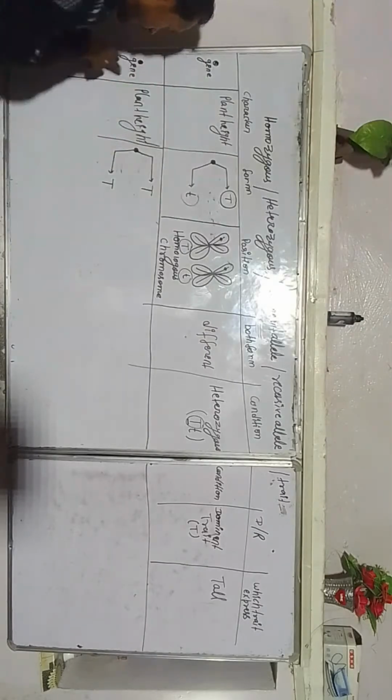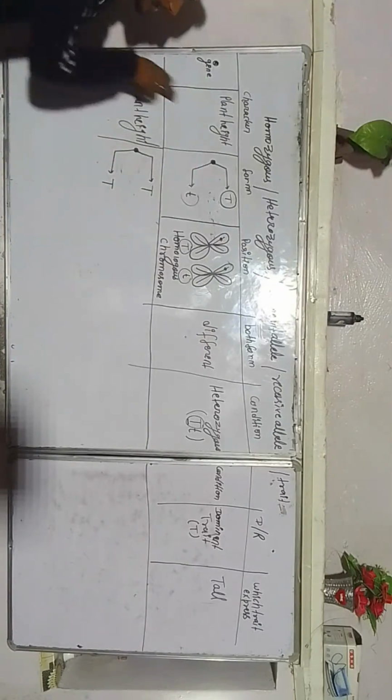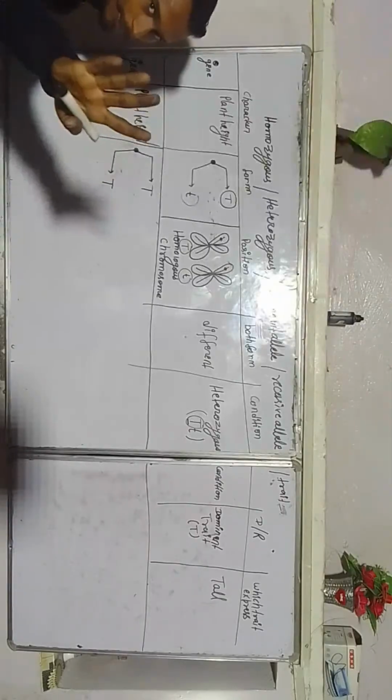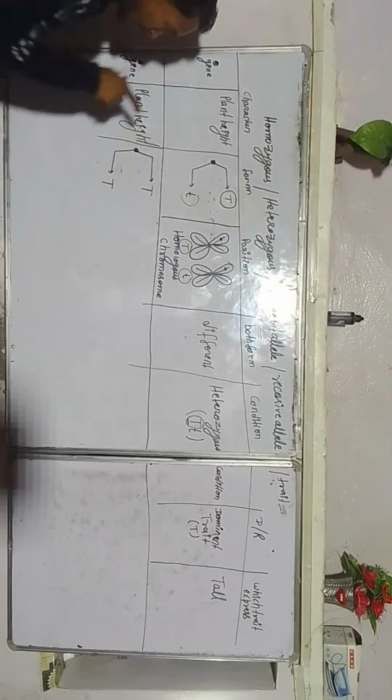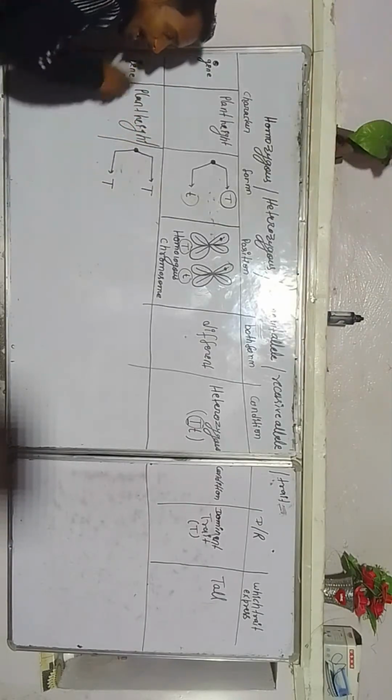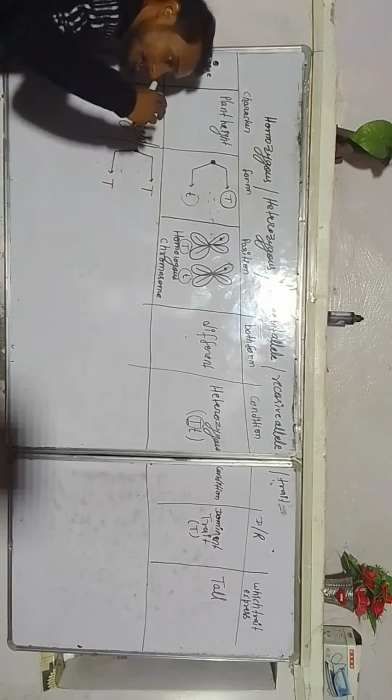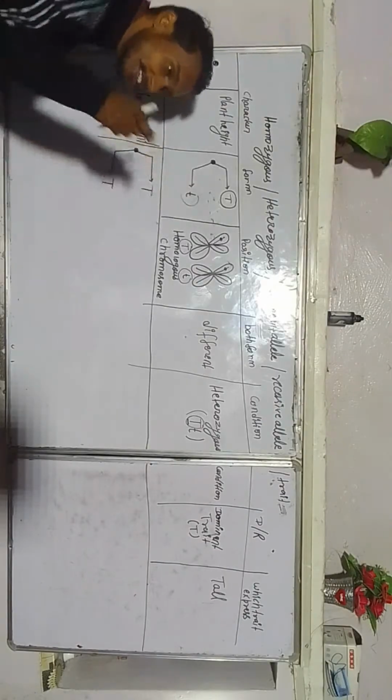We have one gene, and this gene controls a particular character in a plant. This gene has two alleles, but both alleles are the same.